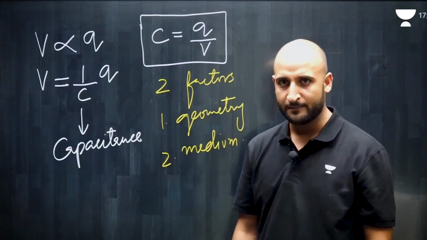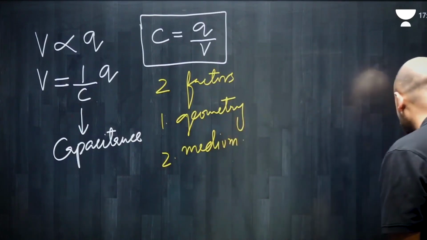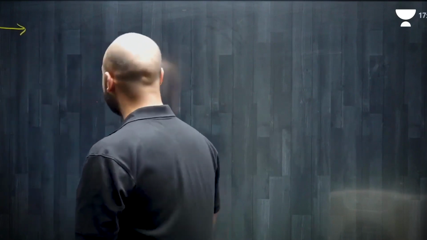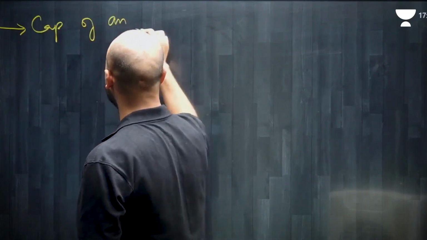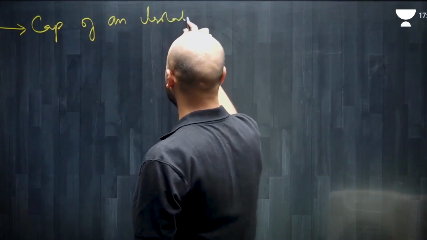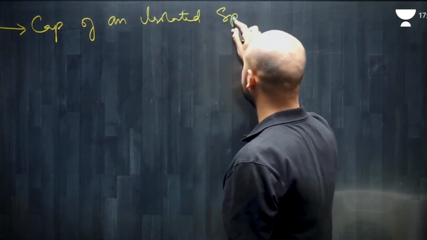Right? Now let's see how exactly we are going to use this particular equation. For that, I will take my first example. I want to know what the capacitance of an isolated spherical conductor is.